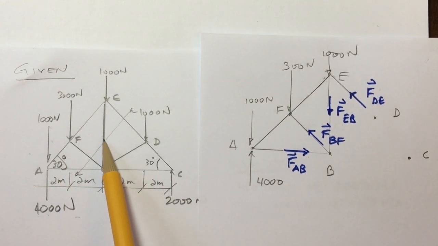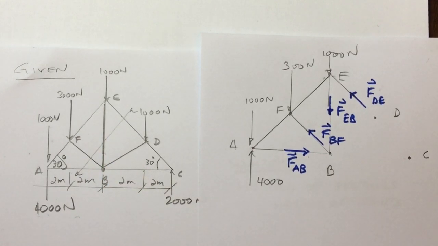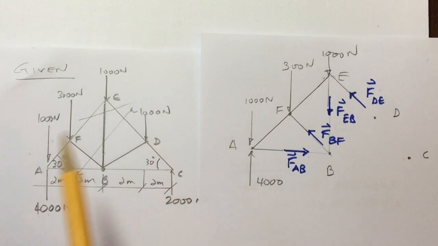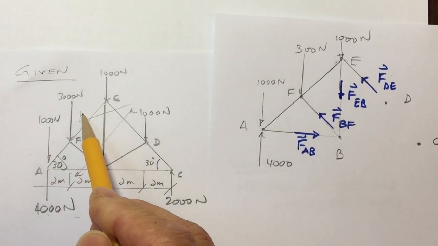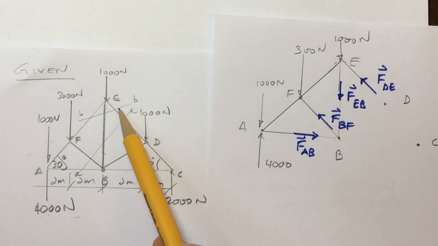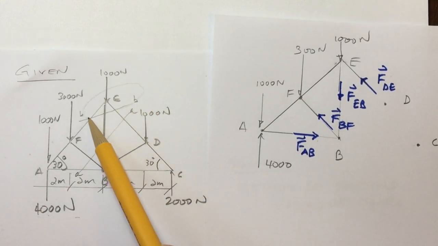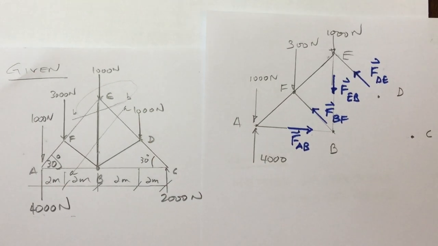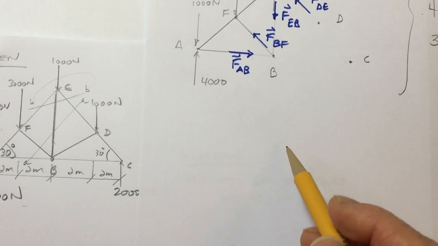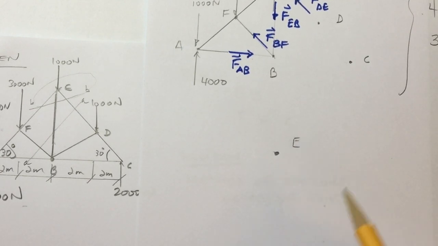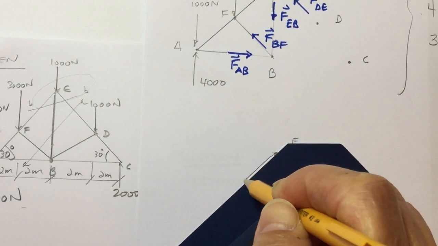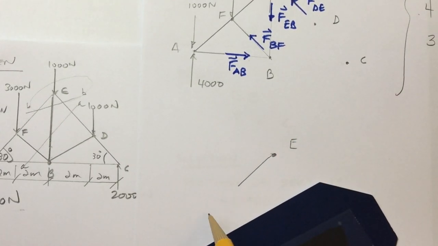So I'm still interested in this member. I want to know the force in member EB. So I'm going to section it right there. I'll call that section BB. And I'm going to draw a free body diagram of this sectioned portion. So I'll do that right here. So I have point E, and this is my section.